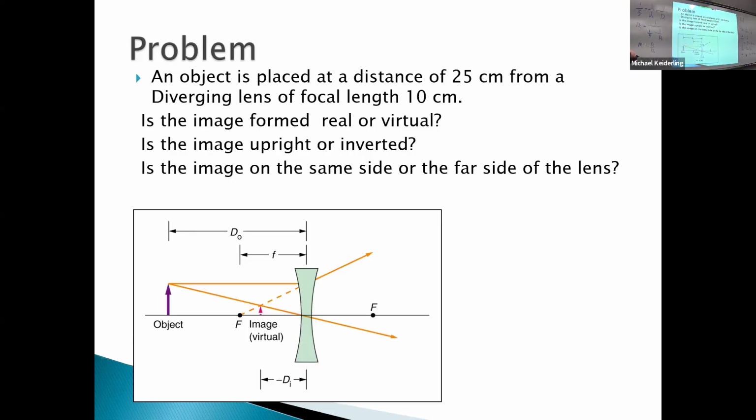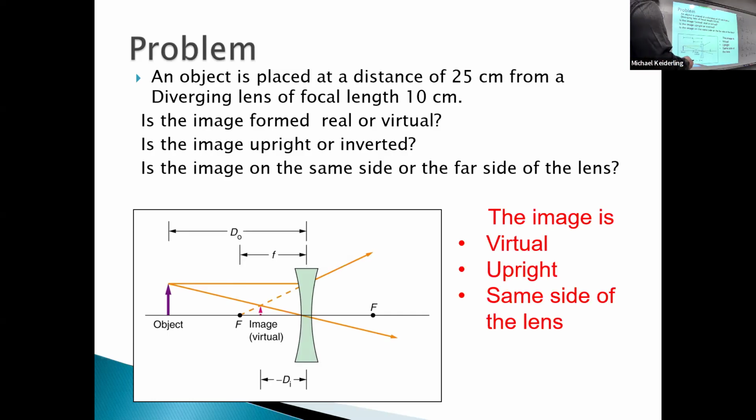So here we have a diverging lens, and for a diverging lens, the image is always virtual, upright, and on the same side of the lens.